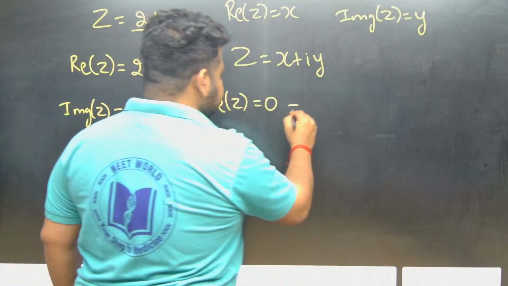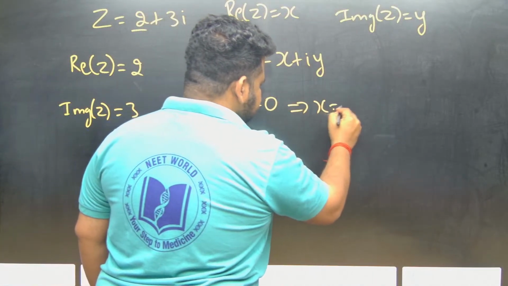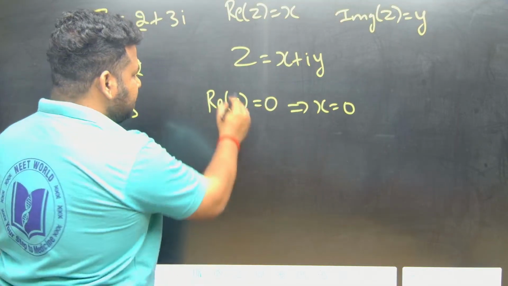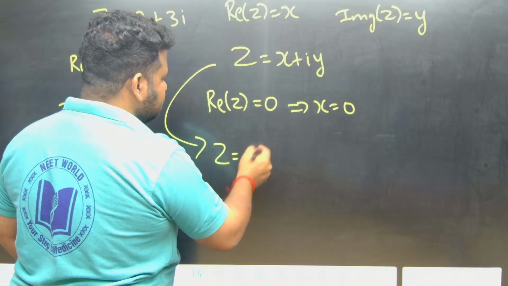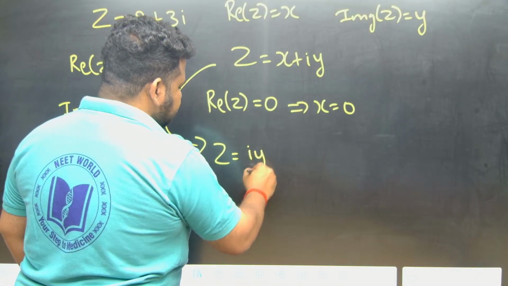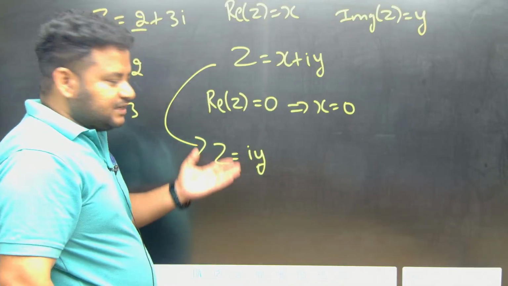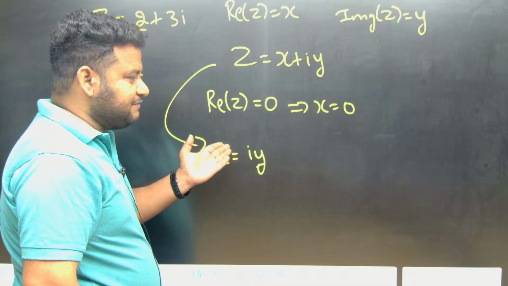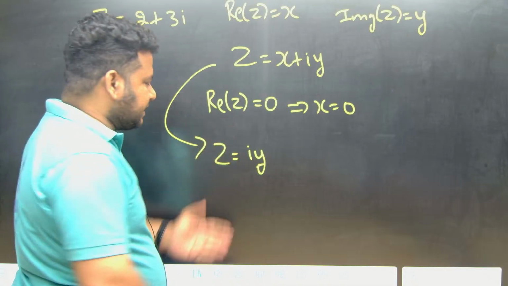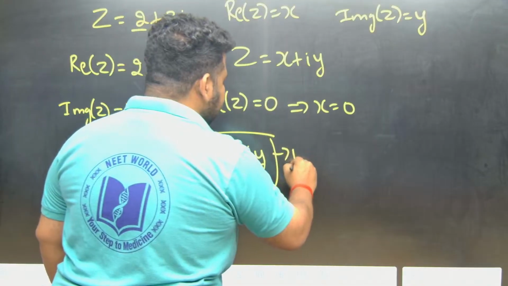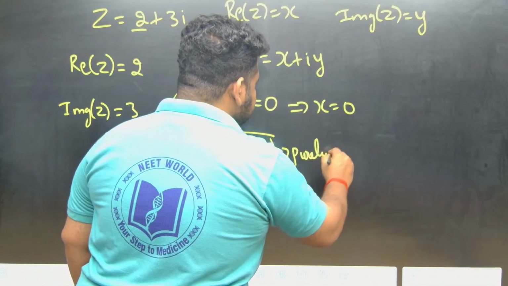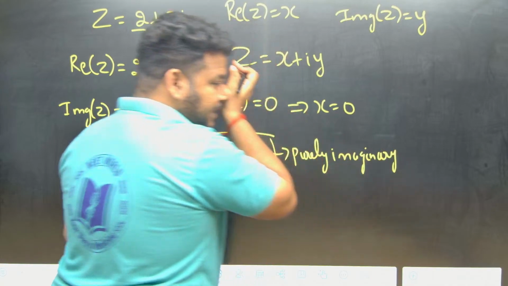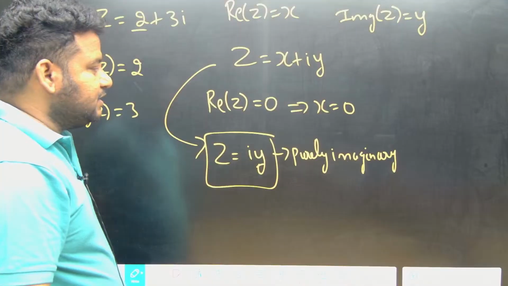Then this complex number will become only iy. It does not have any real part. So I can say the complex number has only an imaginary part, or the complex number is purely imaginary.